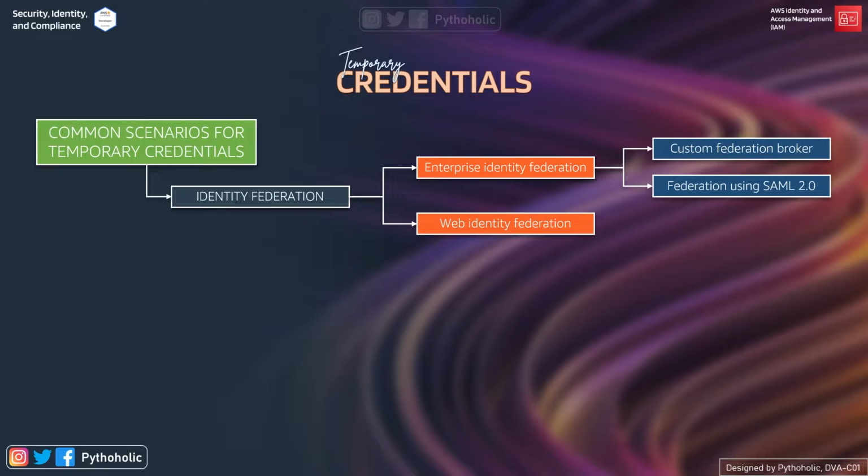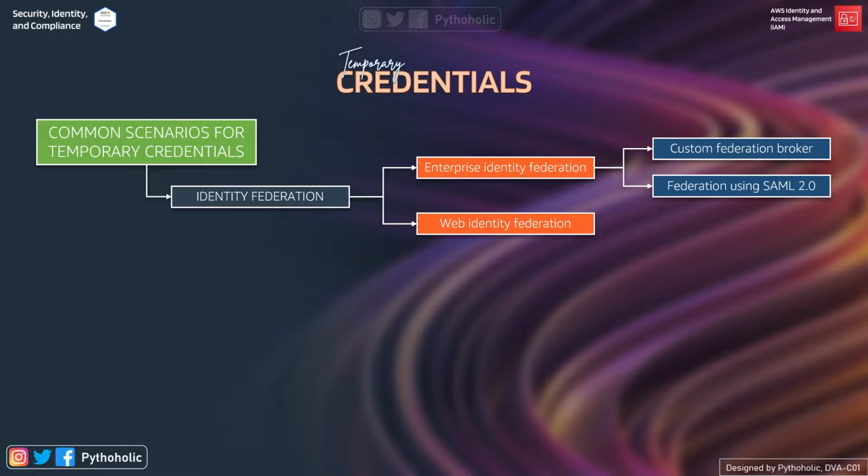Next, we have Web Identity Federation. For this one, what AWS tells us is that with Web Identity Federation, you don't need to create custom sign-in code or manage your own user identities. Instead, users of your app can sign in using a well-known external identity provider, such as Login with Amazon, Facebook, Google, or any other OpenID Connect provider.